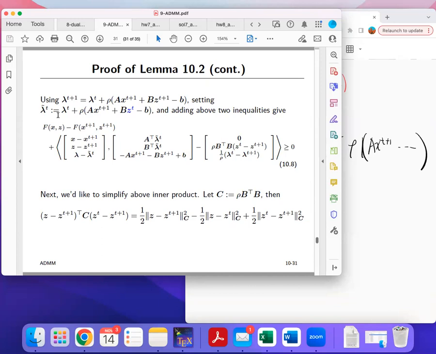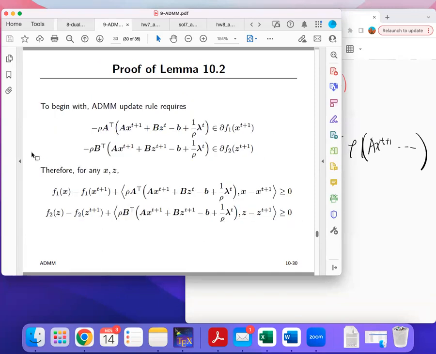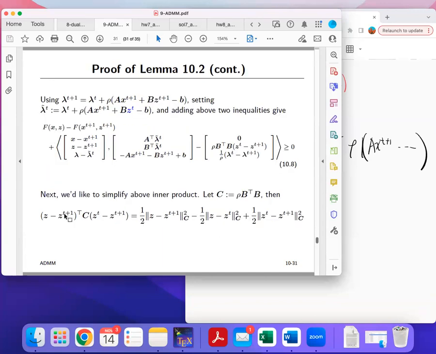So we want to introduce this lambda tilde_t so that we can rewrite these two inner products in a more structured form. Okay, so in this big inner product, you can see the left-hand side is all about the difference between (x, z, lambda) and (x_{t+1}, z_{t+1}, lambda tilde_t).